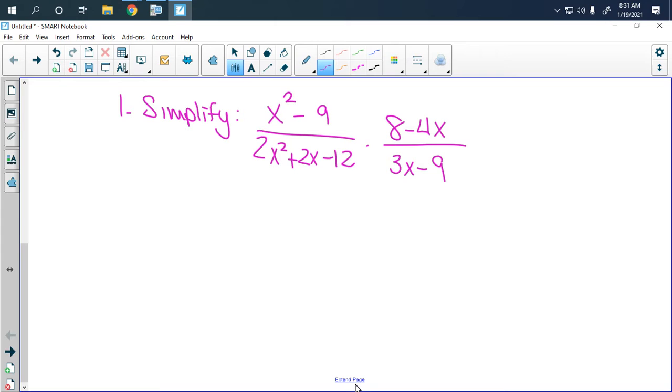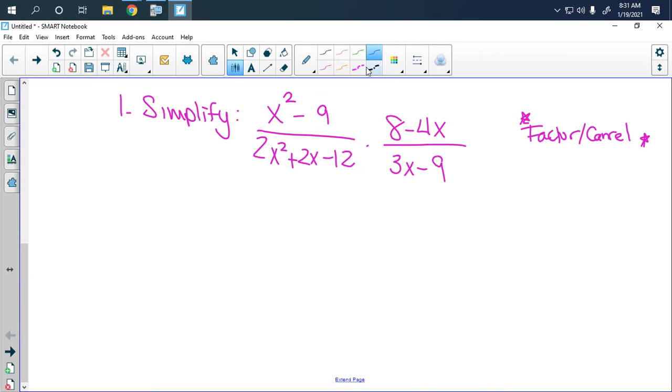Since we have two fractions being multiplied together, we know this is multiplication or division. I want you to be thinking factor, cancel. So anytime it's multiplication or division in an expression, think factor, cancel, which means factor each numerator, each denominator separately, and then see what you cancel out.